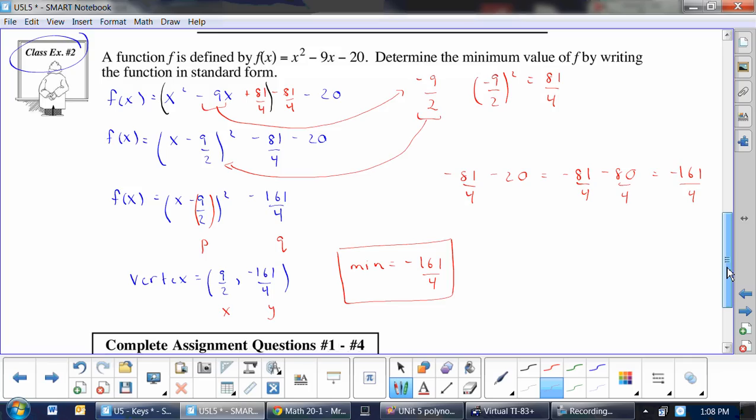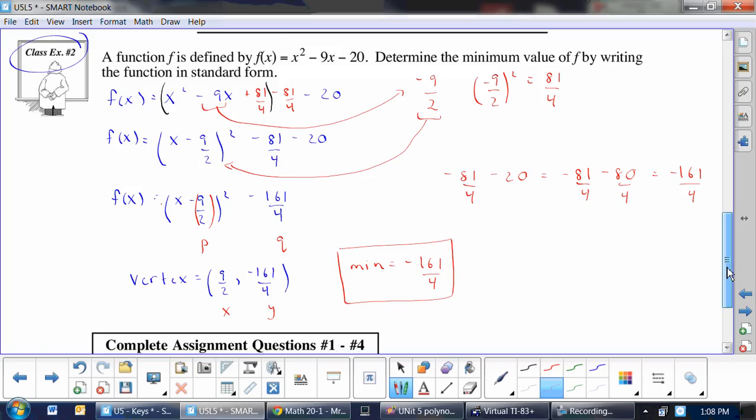Okay? And so how do we know that it's a minimum and not a maximum? Yeah, so because there's no reflection here, we know that it's going to be a minimum.